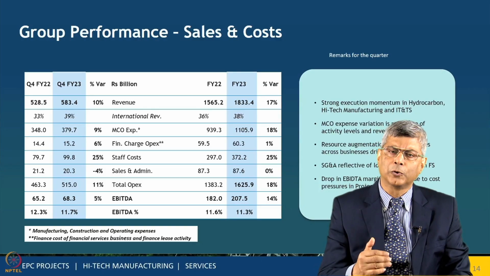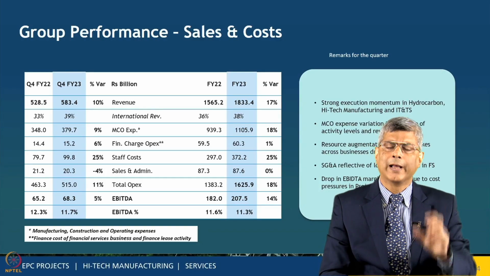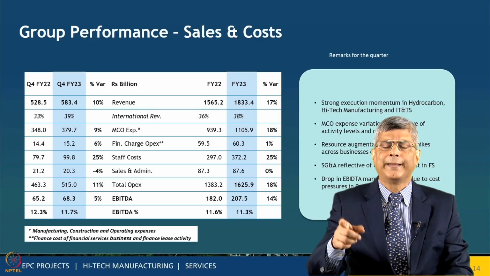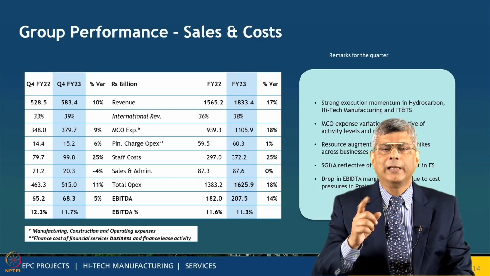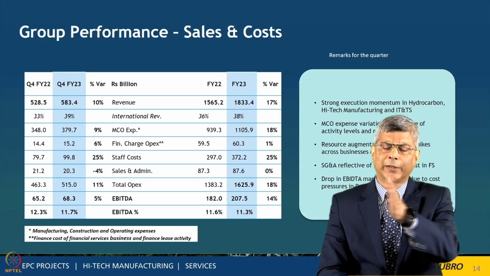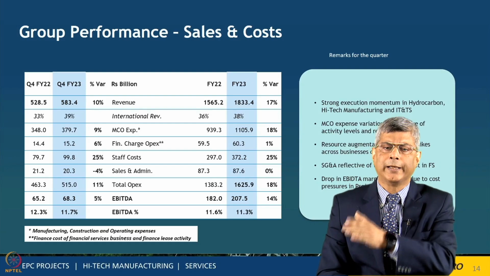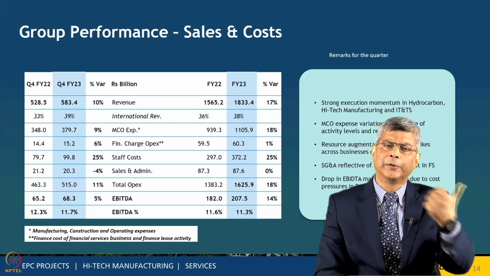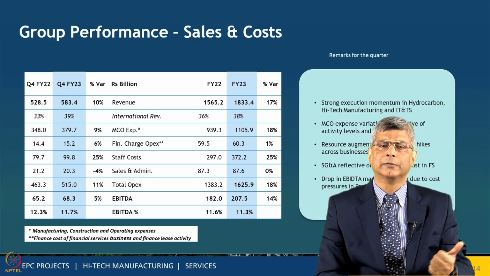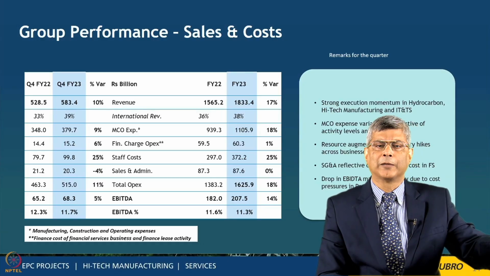I'll repeat that slowly. 1,83,000 crores, or 1,833.4 billion rupees. That's the sales. And if you look at the percentage VAR, which means percentage variance, which means percentage change, it's 17% growth versus the previous year, where they sold 1,56,000 crores.